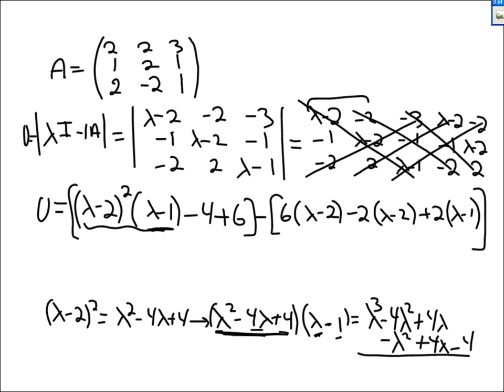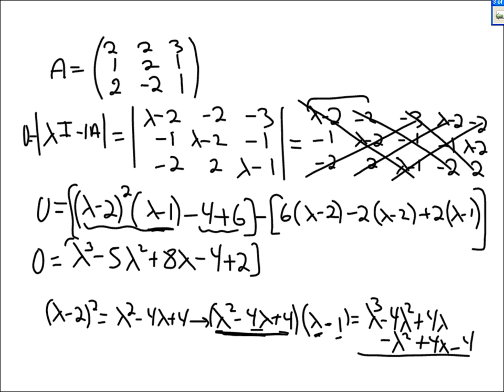And if I add those up, I get lambda cubed, 4 minus 1 is minus 5, lambda squared, 4 plus 4 is 8, so plus 8 lambda minus 4. Okay, let me not forget to add on the 2. That's the first bracket.